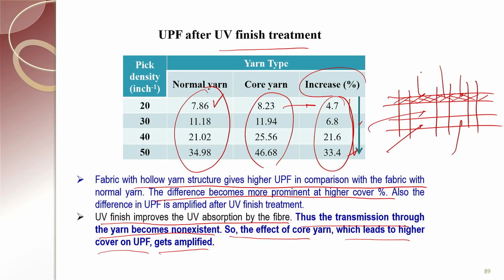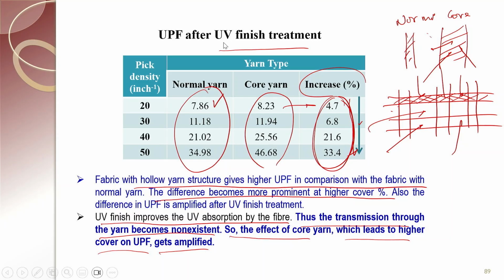So, here in case of core yarn, this is normal yarn, core yarn, it gets flattened. So, normal yarn and core yarn. So, through this portion UV ray cannot pass. So, that is why this increase is magnified, it is amplified.